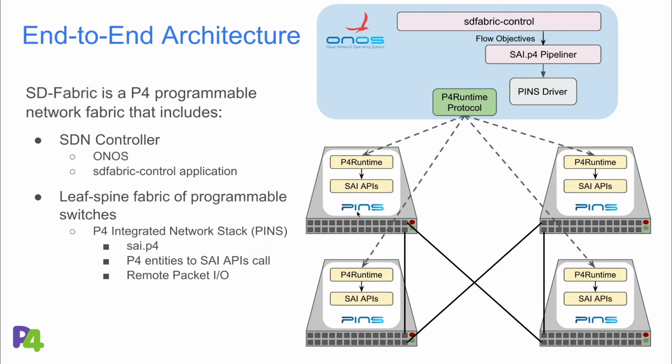A response path is used to immediately inform the controller when an update succeeds or fails, compared to the fire and forget approach of the other SONiC apps. Remote packet I/O capability is also added for the SDN controller for link discovery.